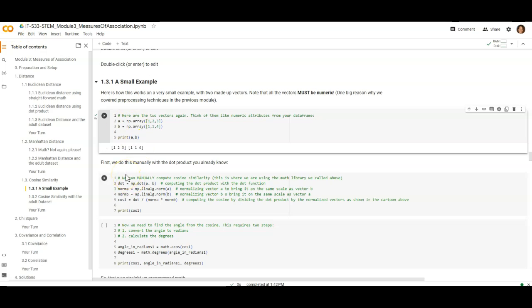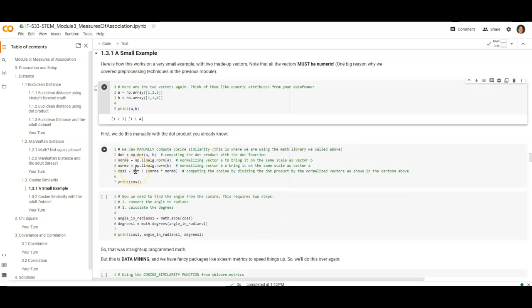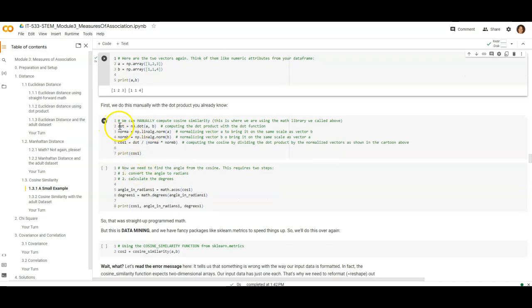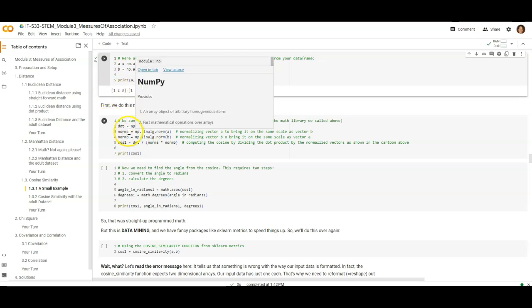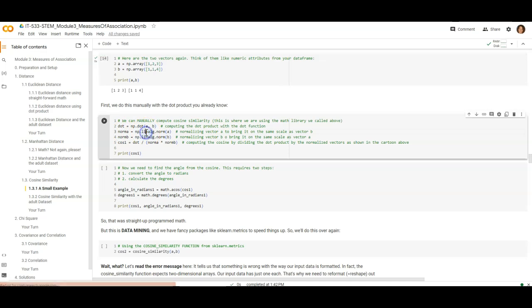First, we're going to do this manually with a dot product that you already know. We're going to set up the dot product here with a numpy dot product between A and B. And then we're going to use our linear algebra to set up our vector A. And then we're going to set up our vector B as well with our linear algebra.